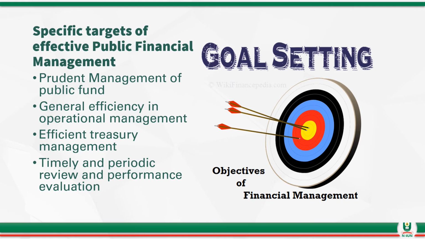And four, timely and periodic review and performance evaluation. So these are specific targets for public financial management. An efficient and effective public financial management will be aiming at meeting these targets. Because by the time these targets are met, you discover that the resources will be prudently managed and the result will be very interesting.